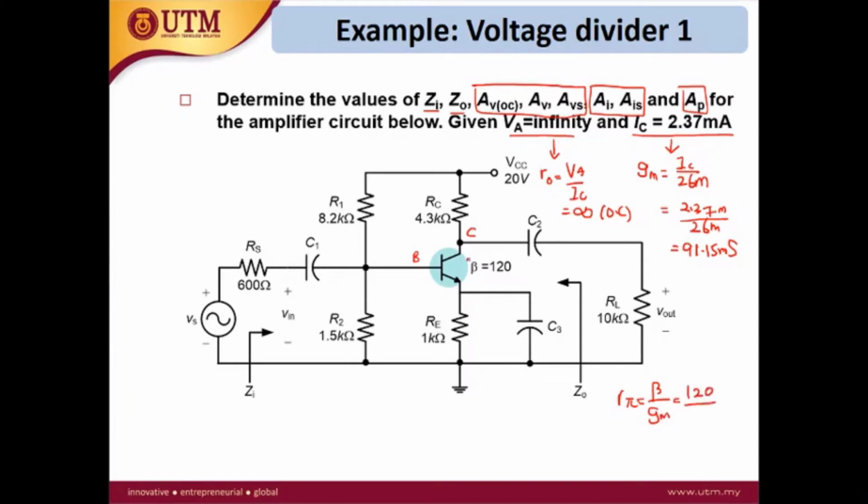So 120 over 91.15 milli is equal to 1.32 kilo ohm. These are the three main parameters for your mid-band equivalent circuit.